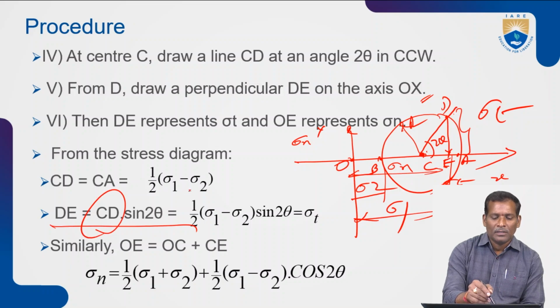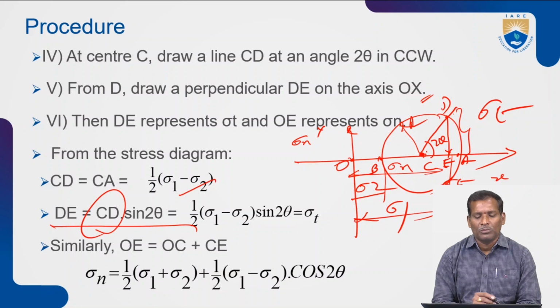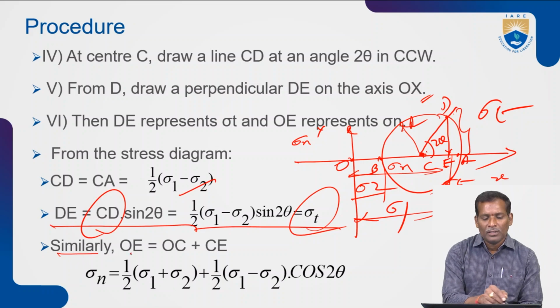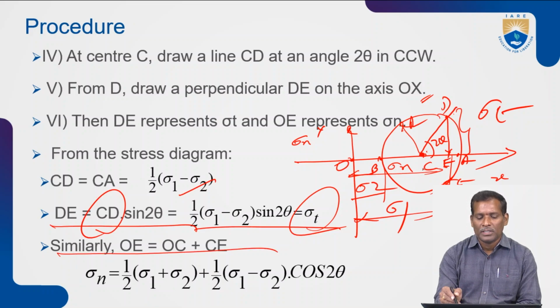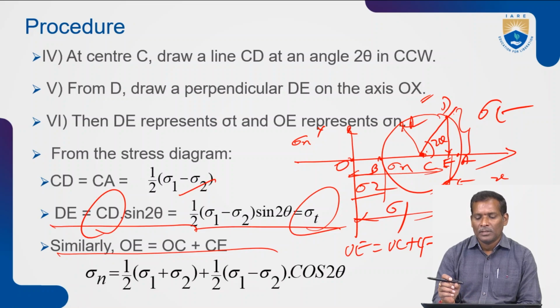CD is (sigma 1 minus sigma 2) by 2. Now substitute in this equation, and you will get sigma t. Similarly, OE is equal to OC plus CE. In this diagram, OE is equal to OC plus CE.